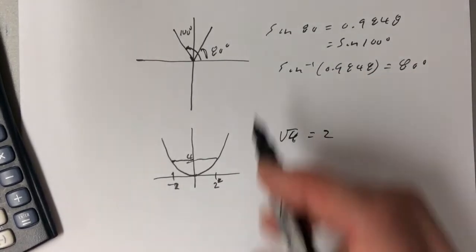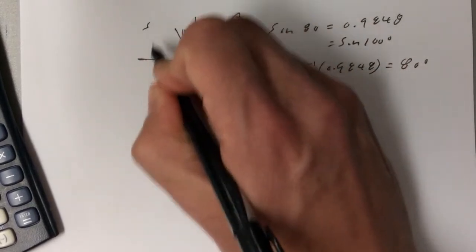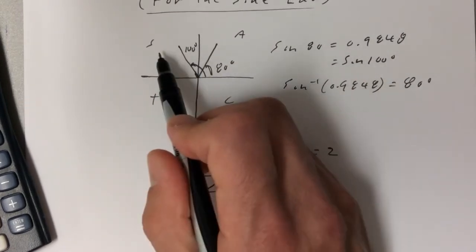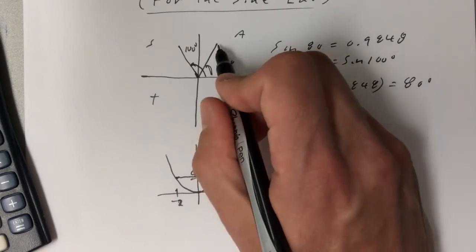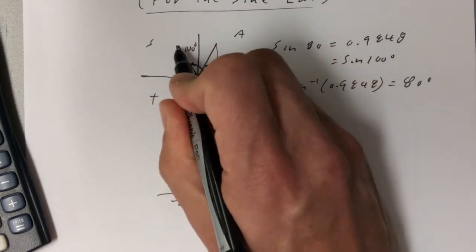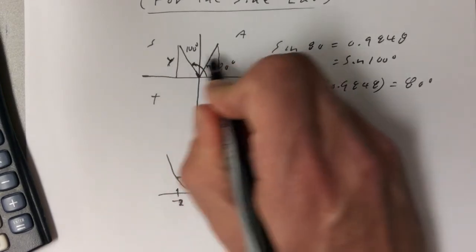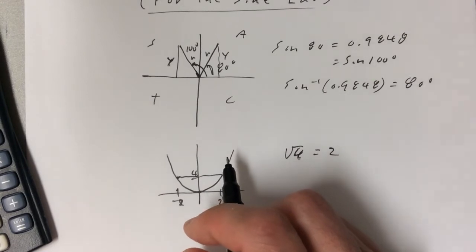And this is partly because of the CAST rule. C-A-S-T. All trig ratios are positive here, and sine is positive here. Sine is y over r, so y over r is going to be the same for both of those.